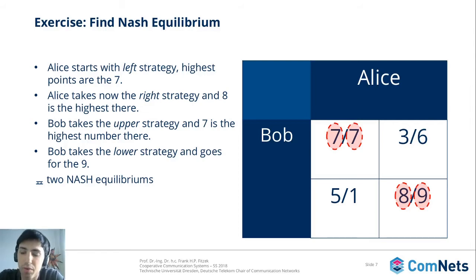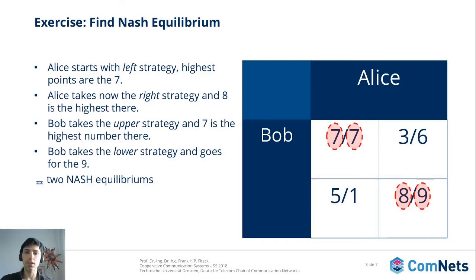Exactly the same for Bob. In the first Nash equilibrium, he's getting 7 points. If he wants to switch to the lower strategy, he will get 1 point. And exactly the same happens in the second Nash equilibrium with 8 and 9 points.